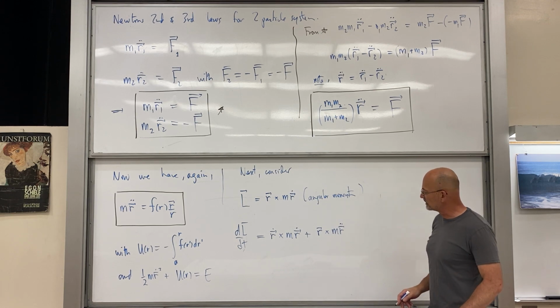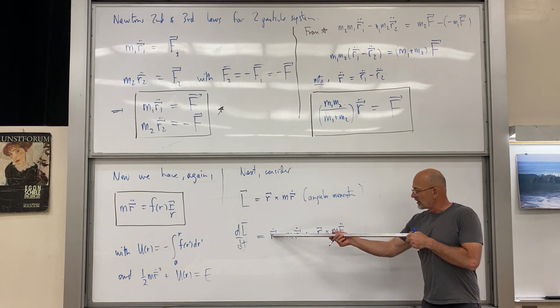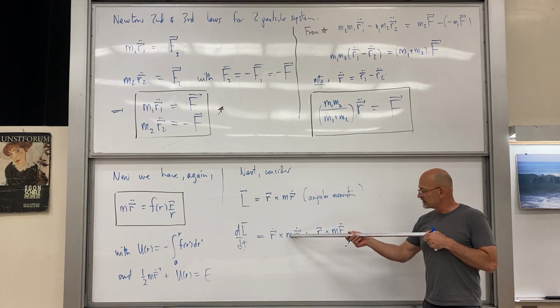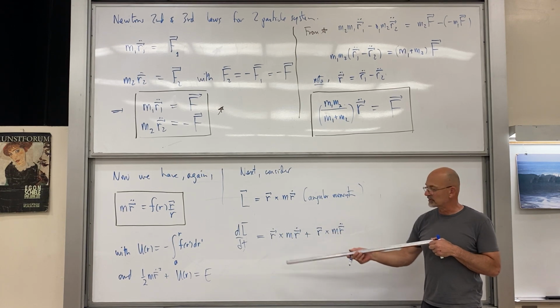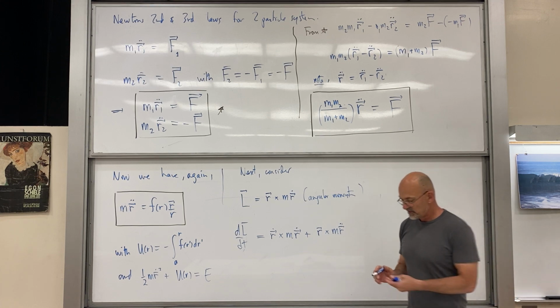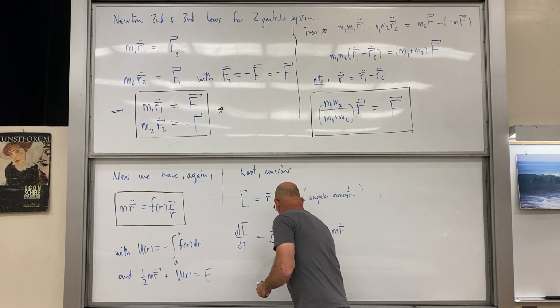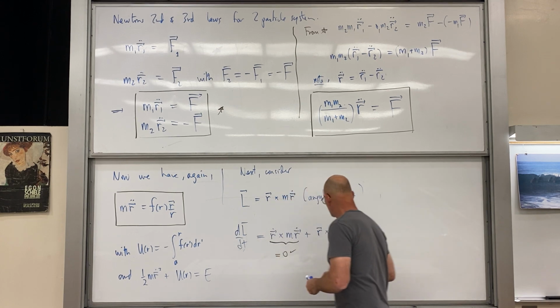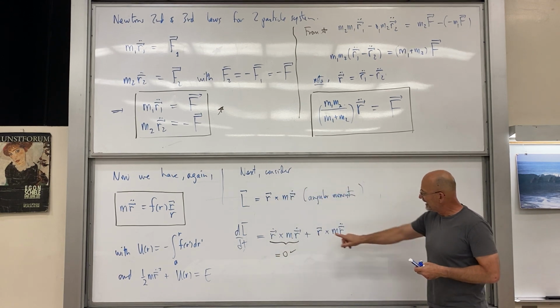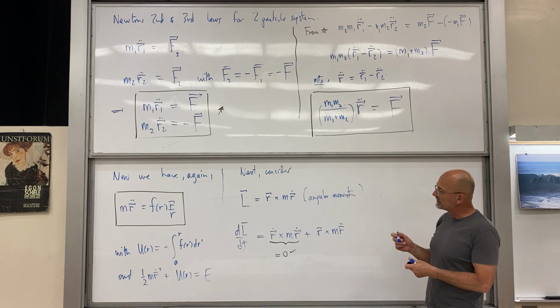We discover something interesting. r dot cross r dot, parallel vectors. So the cross product of parallel vectors vanishes. So that's 0. This one here is interesting as well.